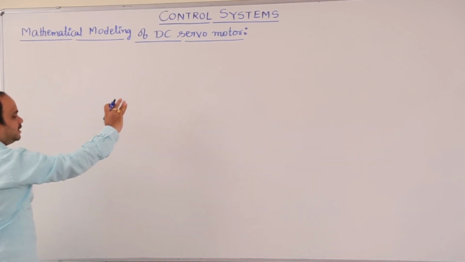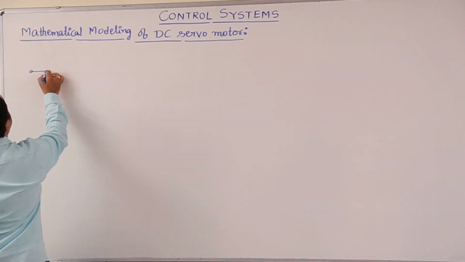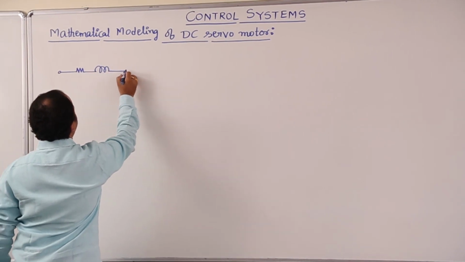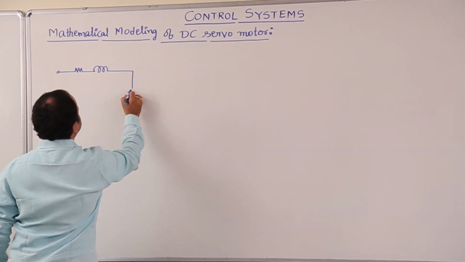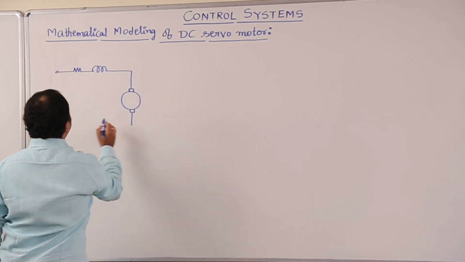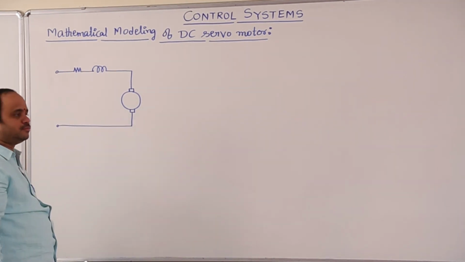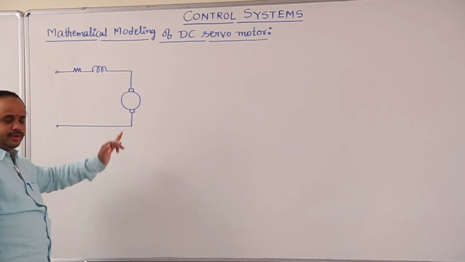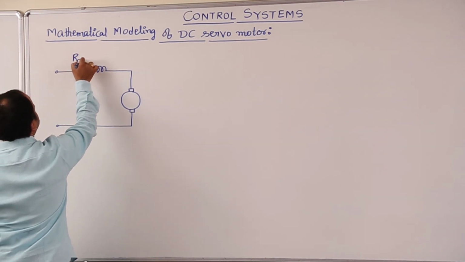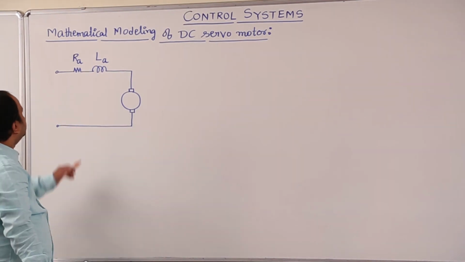Just to understand the procedural steps, let us look into the schematic of a DC servo motor. The basic components in this DC servo motor are the armature, and armature resistance can be shown externally as a lumped parameter with the symbol Ra.